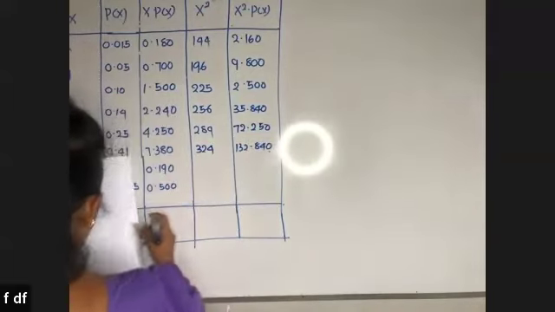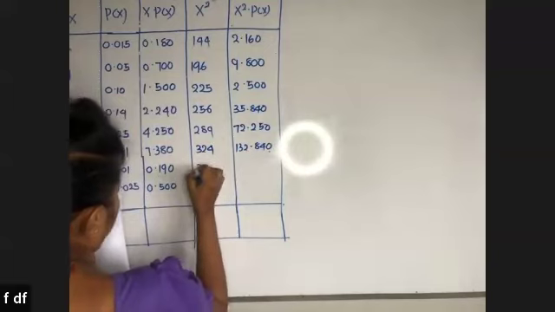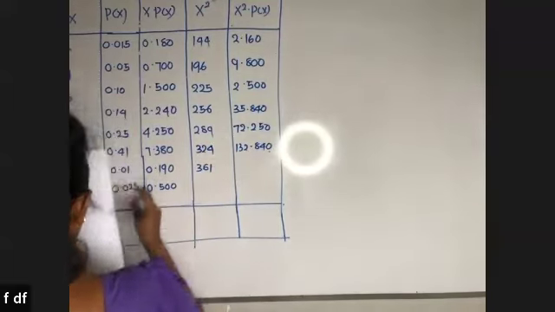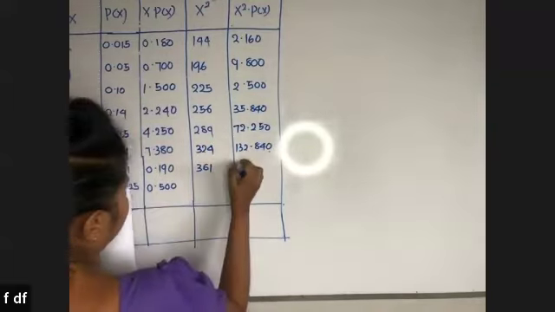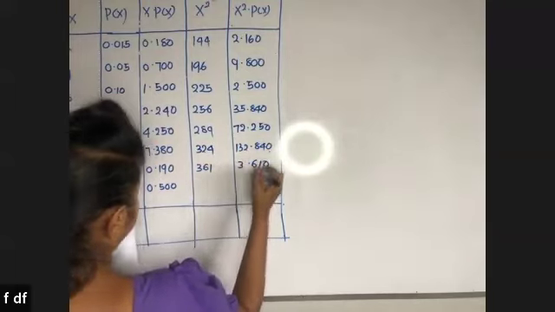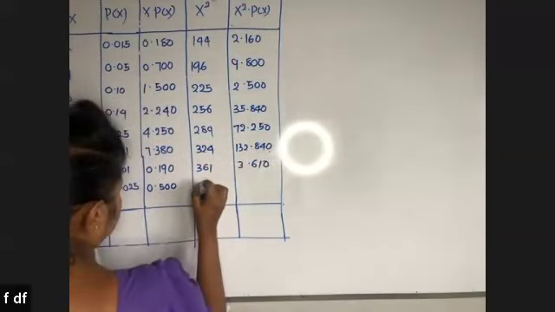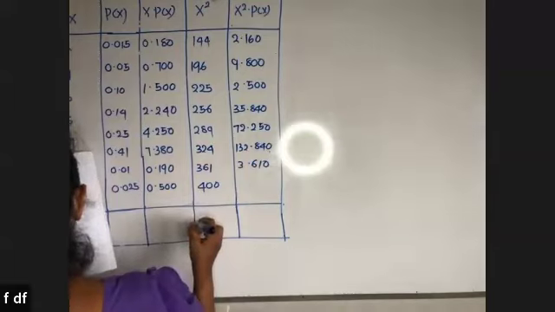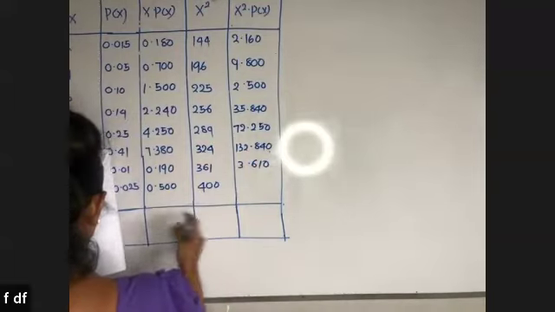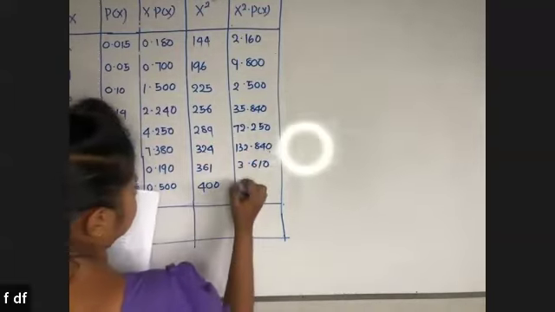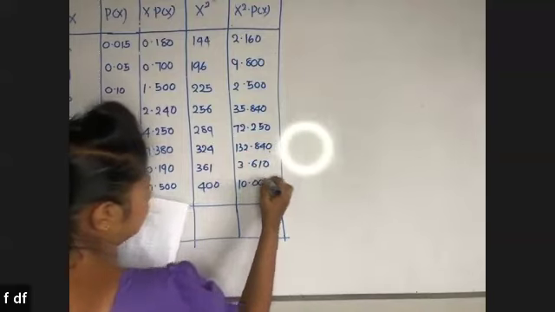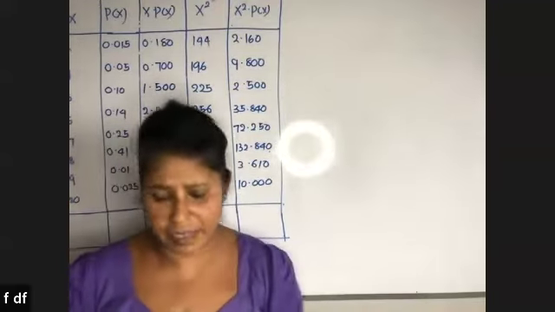And again 19 square is 361, 361 by 0.01 is 3.610. Then 20 square is 400, 400 multiplied by 0.025 is 10. Now you have completed your table.